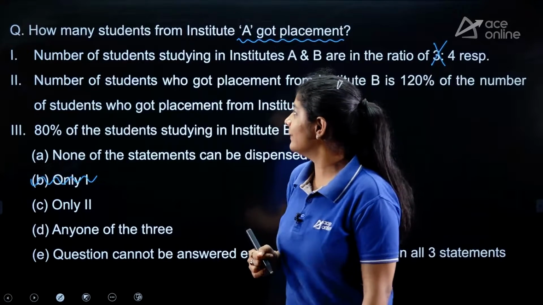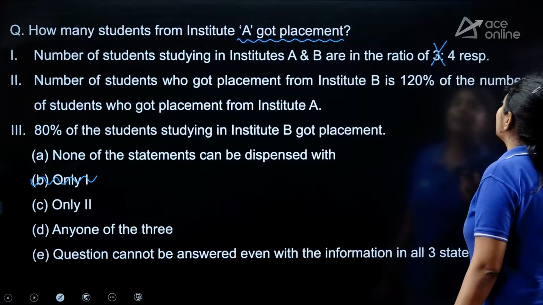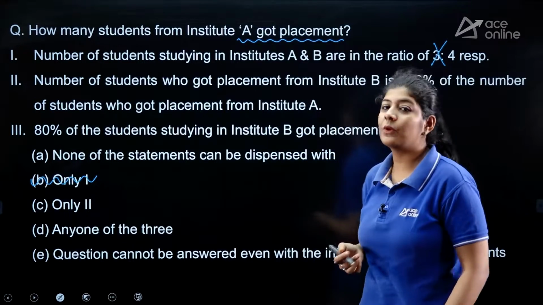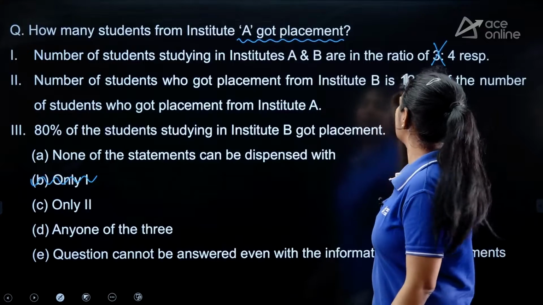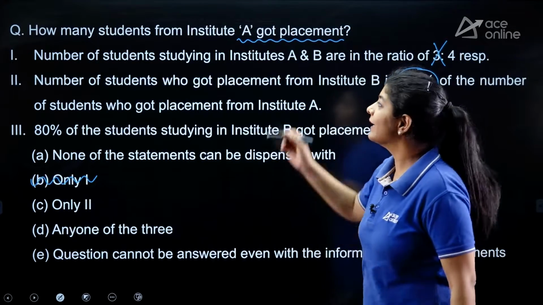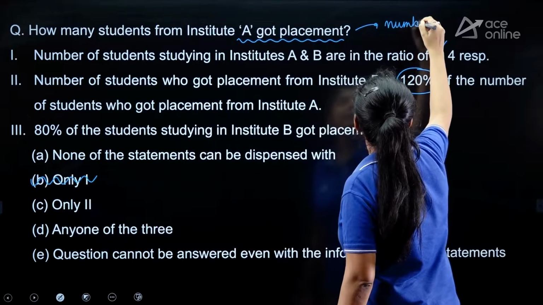Second, the number of students who got placed from Institute B is 120% of the number of students who got placed from Institute A. But here we only have a percentage, right? We are not aware of the number, and here we want the exact number.